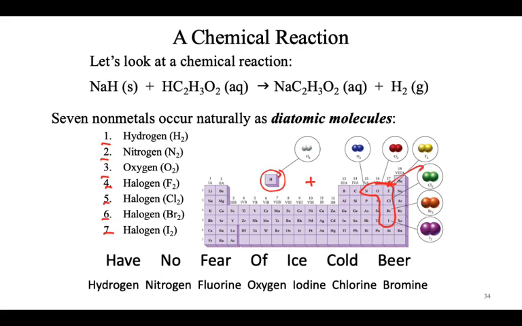What if I just want to talk about H? What language do I have to use to say I just want to look at a hydrogen atom? Well, I literally just gave you the answer. How do I know I want to talk about a hydrogen atom?